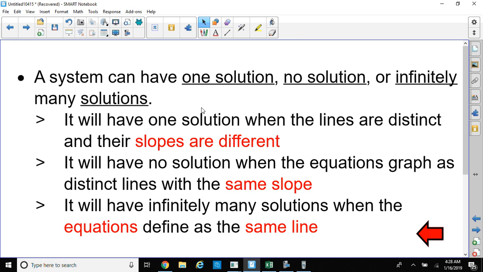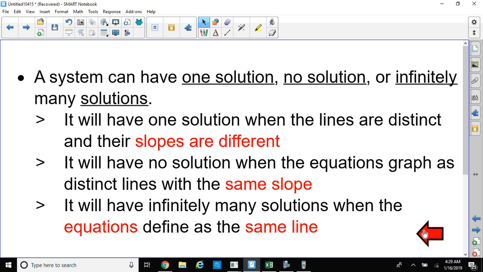It will have one solution when the lines are distinct and their slopes are different. It will have no solutions when the equations graph as distinct lines with the same slope. It will have infinitely many solutions when the equations are defined as the same line. So that's something you should know.